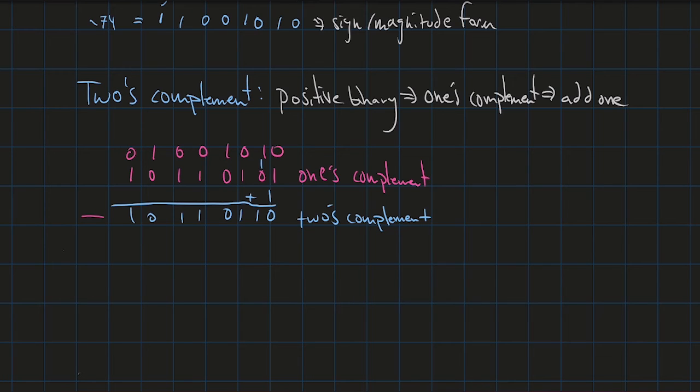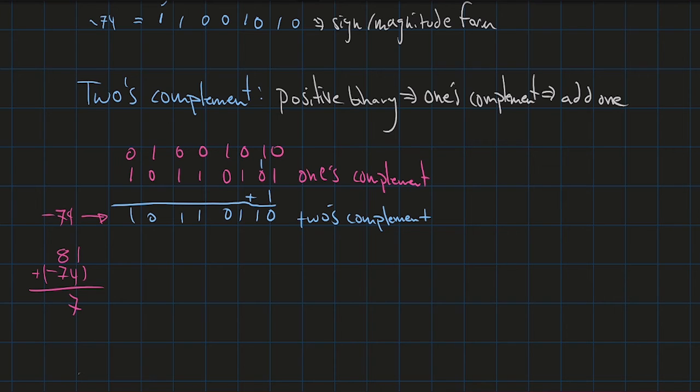Okay, so now I'm going to prove that this equals negative 74. We could evaluate 81 minus 74, the same thing as 81 plus negative 74 in decimal, and we get 7.